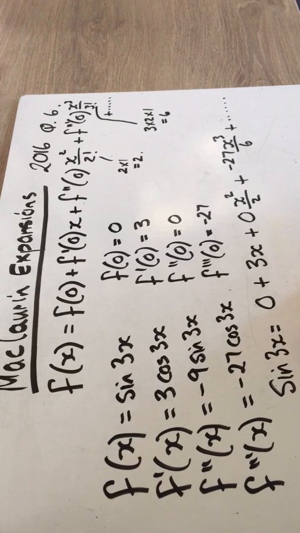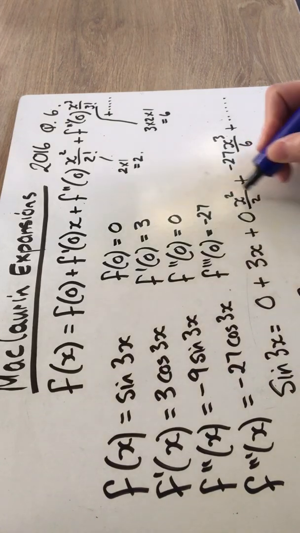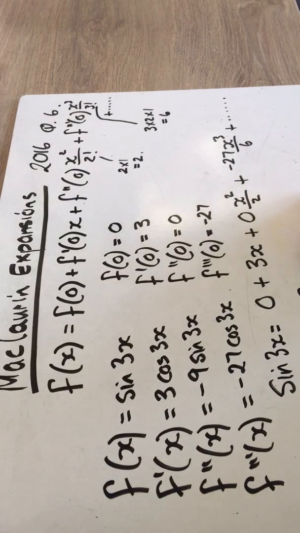Okay, so simplifying it, sine 3x equals, that bit's 0, 3x, that bit's 0, and then we've got minus 27x cubed over 6.